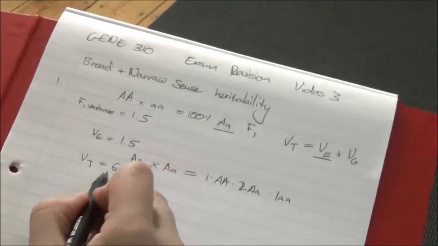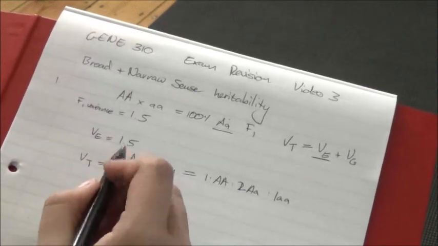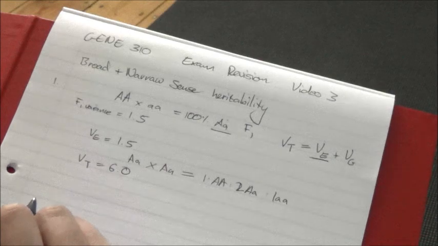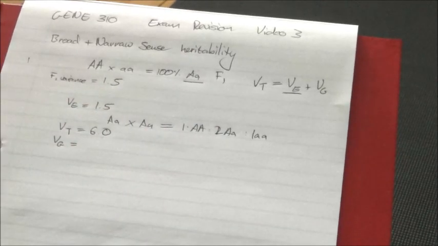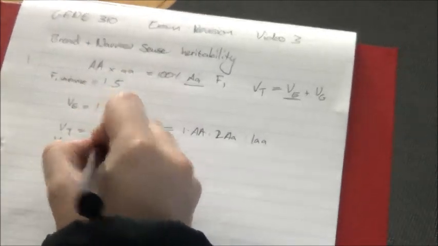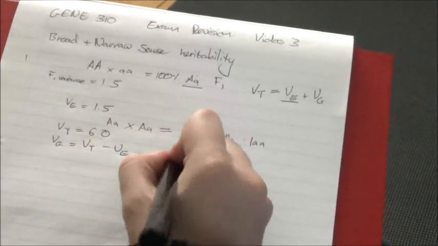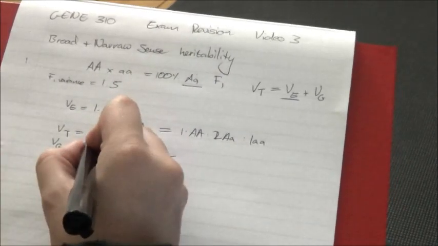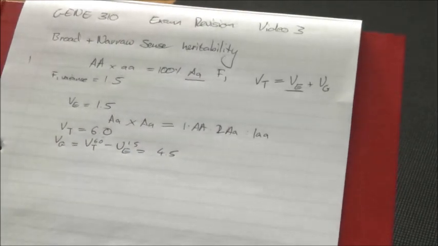If we have our total variance, or variation, however you want to call it, and our environmental variation, we can use that to calculate our genetic variance, or our variation due to genetic components, which is the same as our total minus our environmental, which should be 4.5. That's 6.0 minus 1.5.